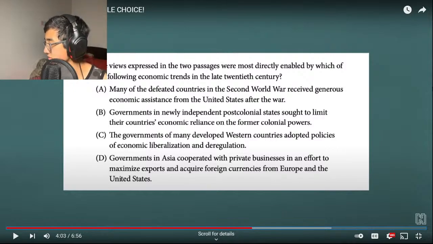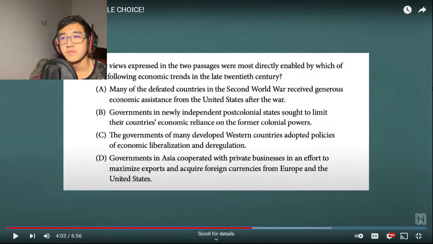Let me read this again. Economic trends. So we have 1972 and 1989. So it could not be A because that's way out of the time frame. They ended that, it was like the 1950s. This is the 1970s, 1980s, 1990s. And then B, governments in newly independent post-colonial states limit their country's economic reliance on the former colonial powers.